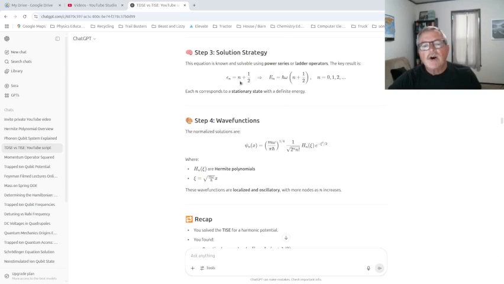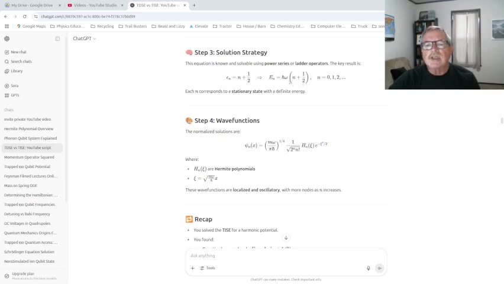So here are the results of all this. If we solve for that function, we will find that epsilon n, which is the dimensionless energy, looks like this. Then when we substitute back in with the real energies, here's what we get for the solutions. Notice the solution is not a continuous one.